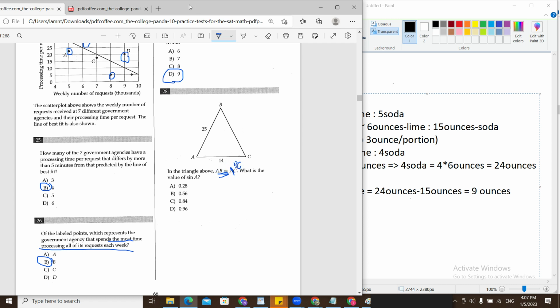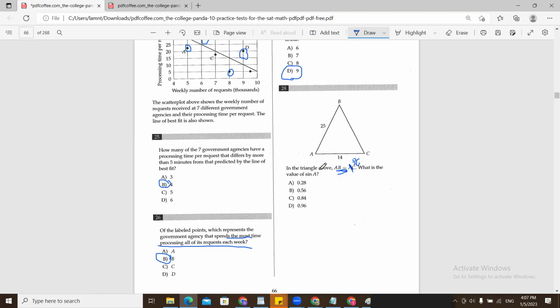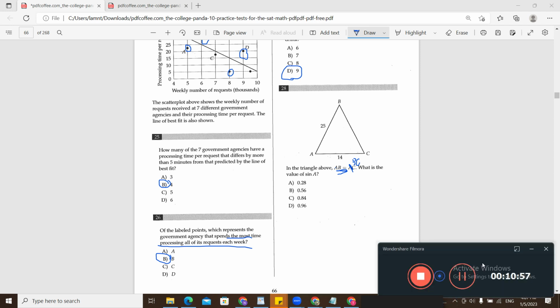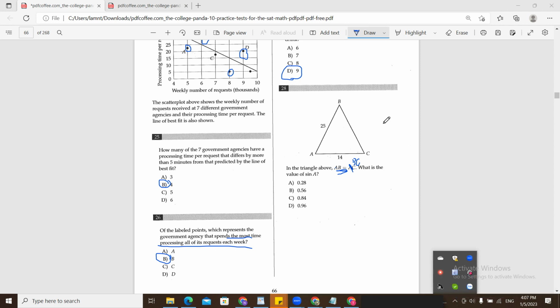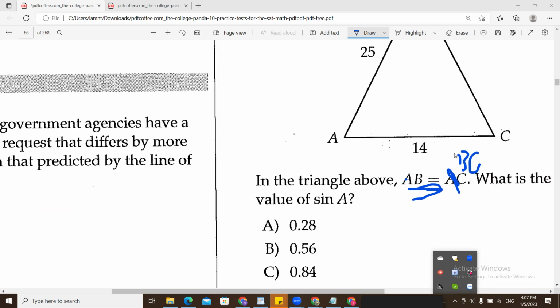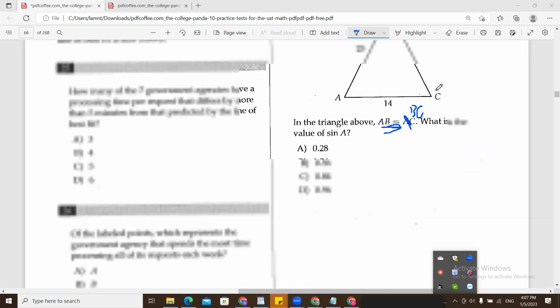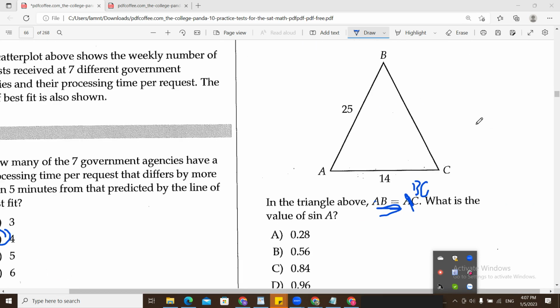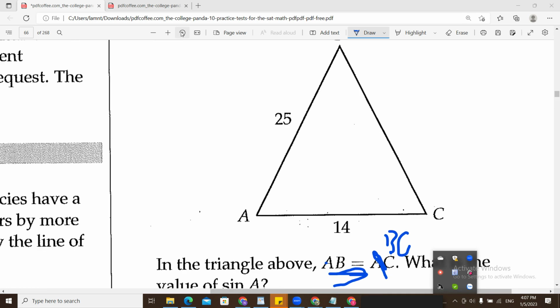Okay. To solve this exercise, we actually have to know a little bit of geometry. So let's think in terms of geometry. Let's green screen this one. Zoom in on this one.